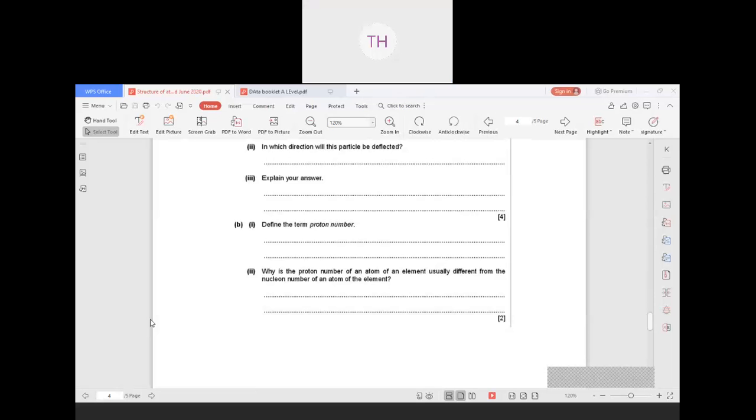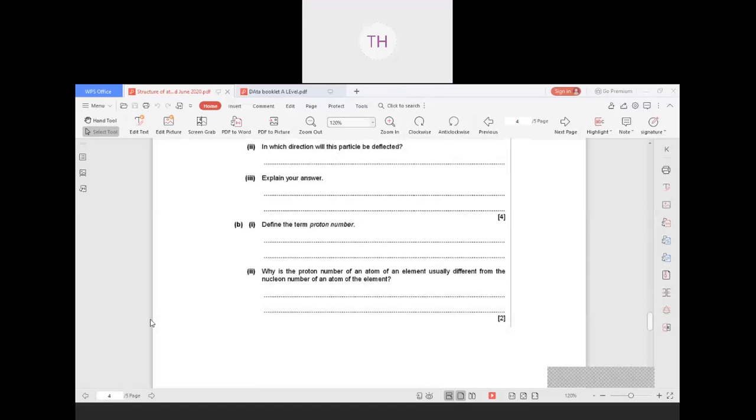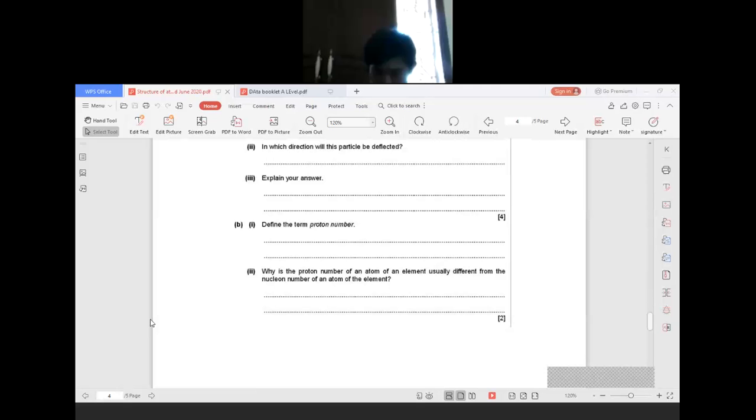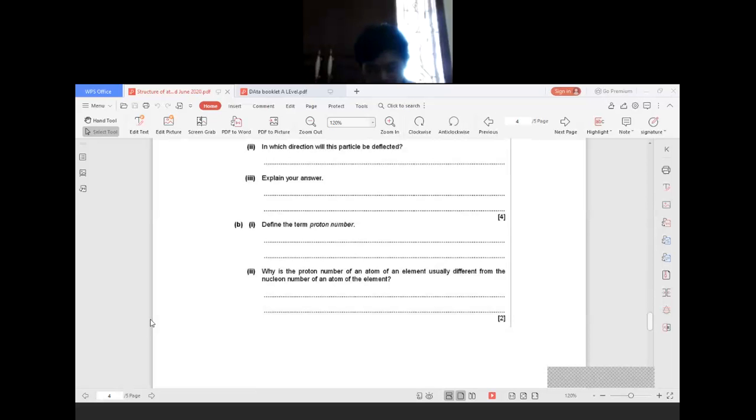What is nucleon number? Nucleon number is equal to the total number of nucleons. Nucleon number is equal to the total number of protons and neutrons in the nucleus. Yes, correct.